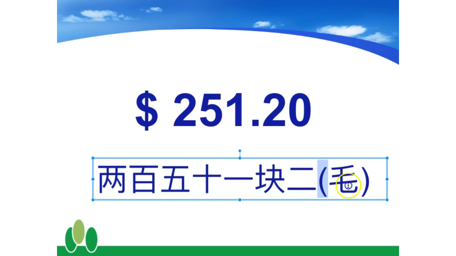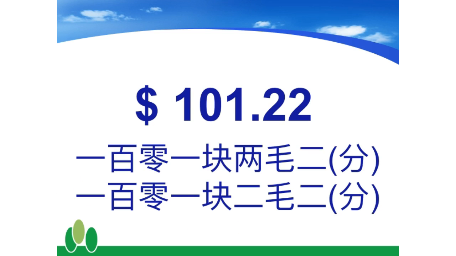There's no measure word because we're just omitting it. It would be weird to say 两 without a measure word after it. So I'm just going to say 零. That's the reason why a lot of times we use 零 for mao and fen as opposed to 两, because you're always omitting the mao and the fen.